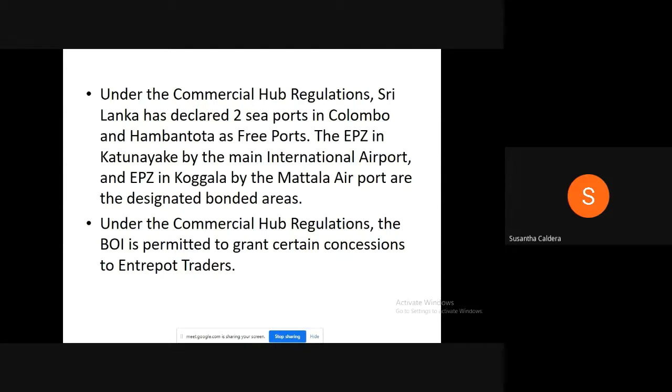So we have 2 seaports in Colombo and Hambantota, and 2 other processing zones near Katunayaka and Mattala airport, at Koggala. Under the commercial hub regulations, the BOI is permitted to grant certain concessions to entrepot traders.